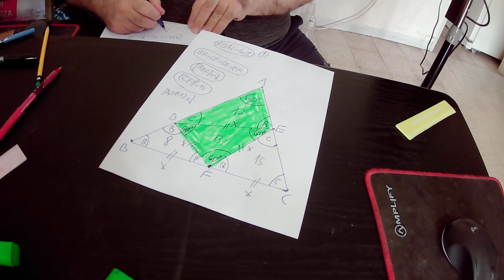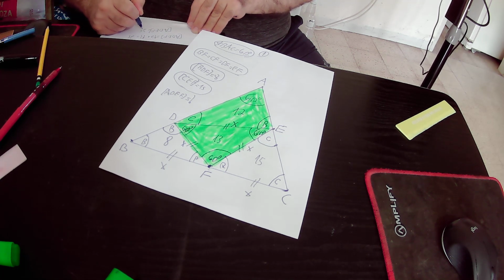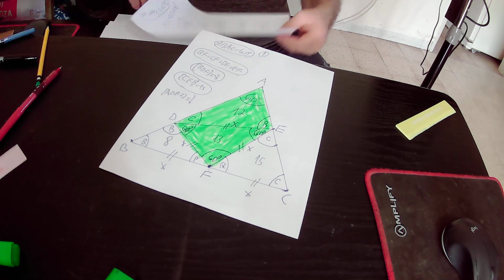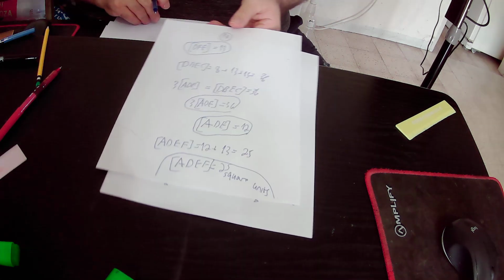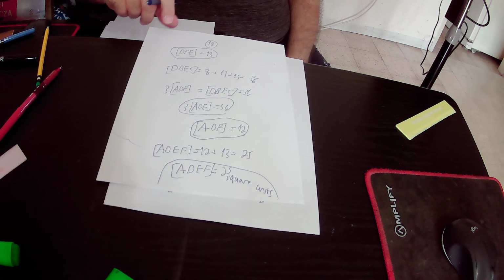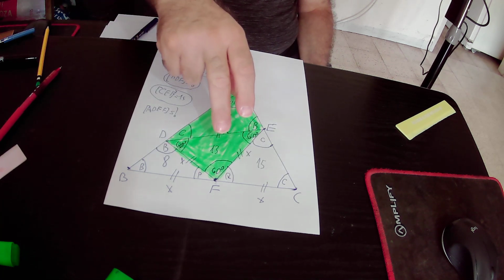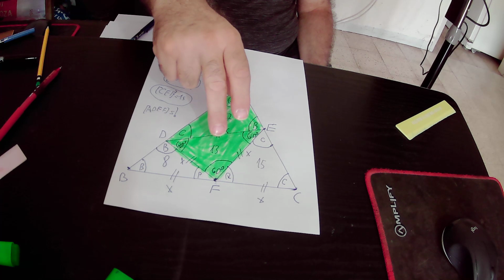So the area of quadrilateral ADEF equals 25 square units. So the area of this green shape equals 25 square units.